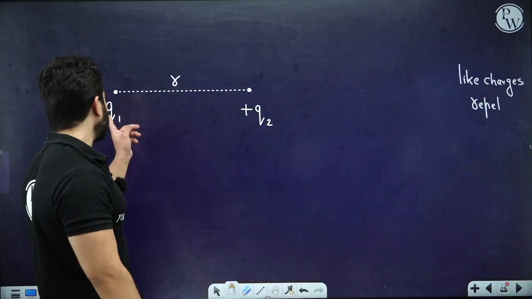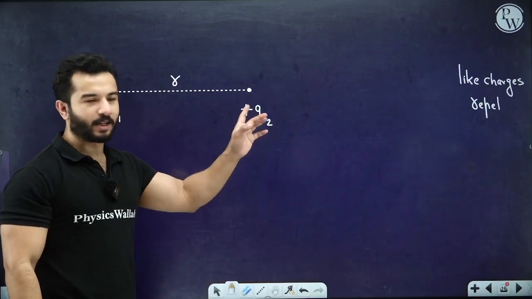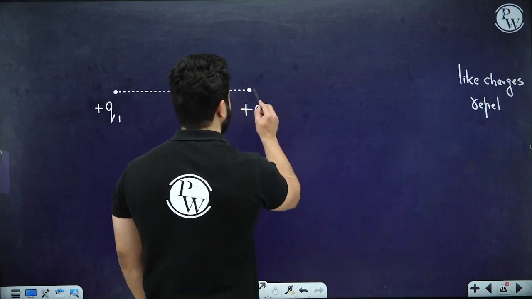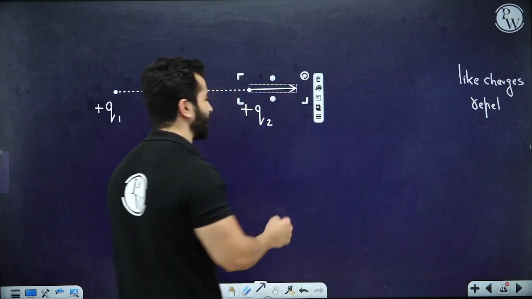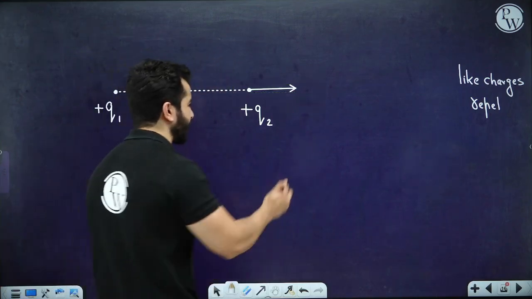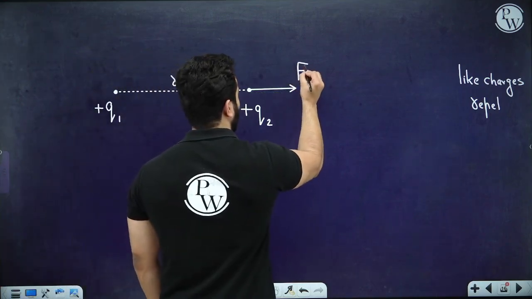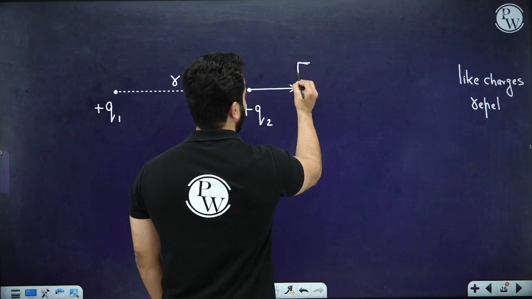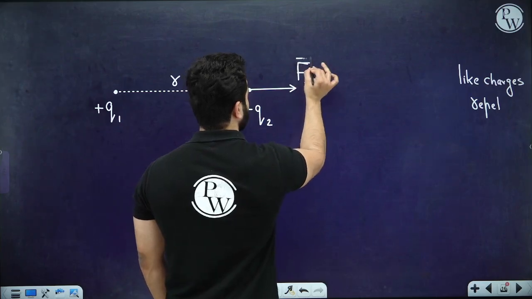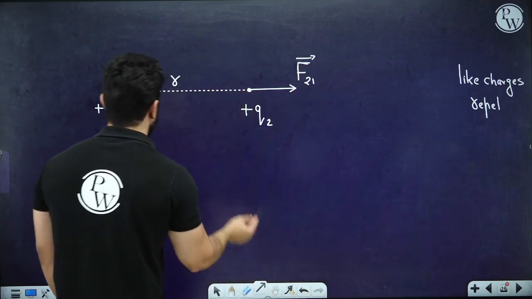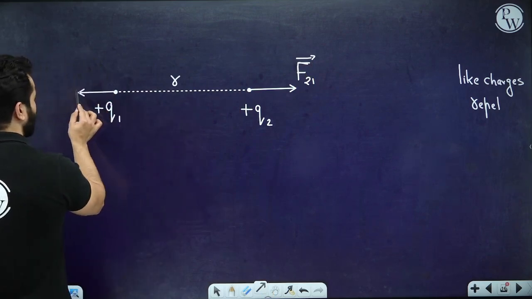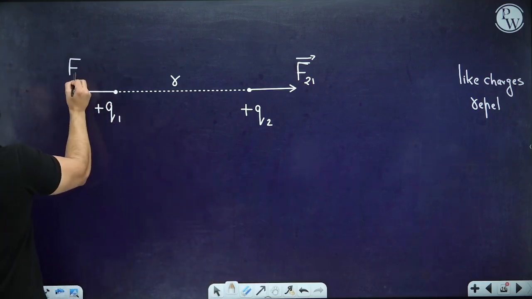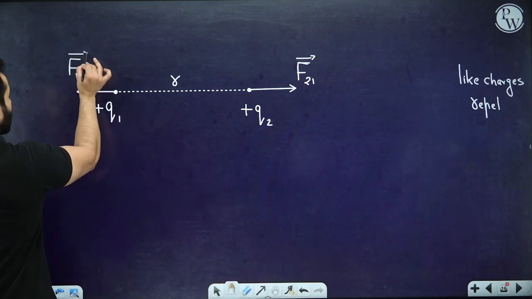This means that this Q1 applies some repulsive force on Q2. You might not know what that force is. By the way, that force is known as electrostatic force, but let's just write it as force applied on Q2 by Q1. That's it. And this is force applied on Q1 due to Q2.